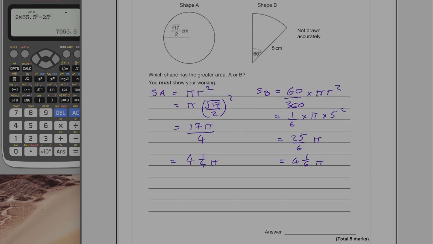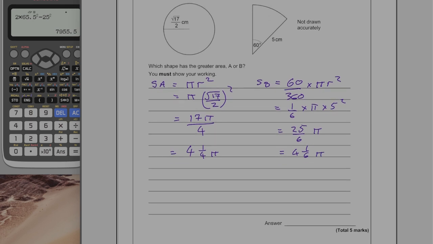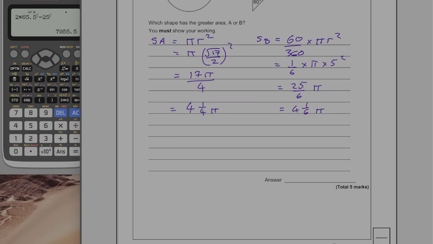So which one has the greater area? That would be shape A. So I'll say A, so 4 1/4 is bigger than 4 1/6.